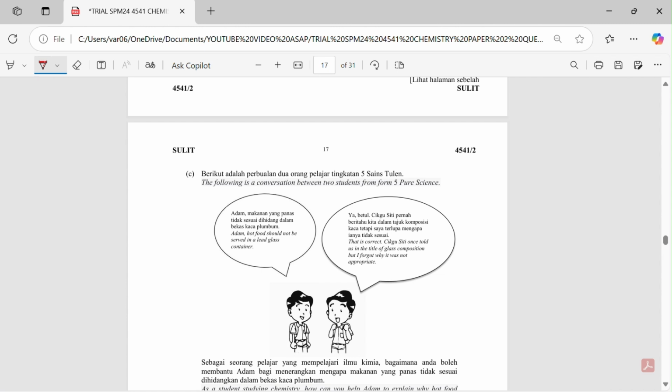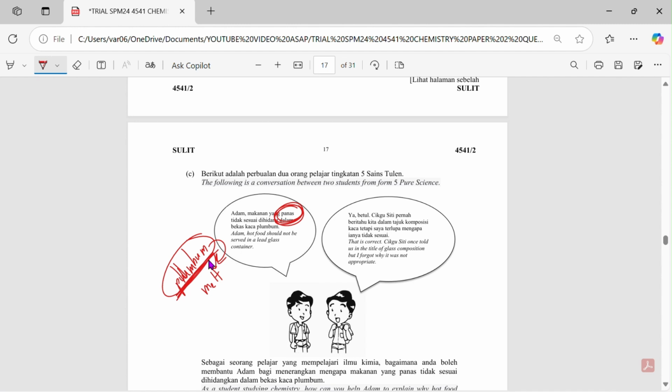Now, plumbum basically what happens is that it can easily melt. When you heat it up, it can easily melt. So if let's say you put makanan panas, due to the heat transfer, plumbum will melt and mix together with the food.